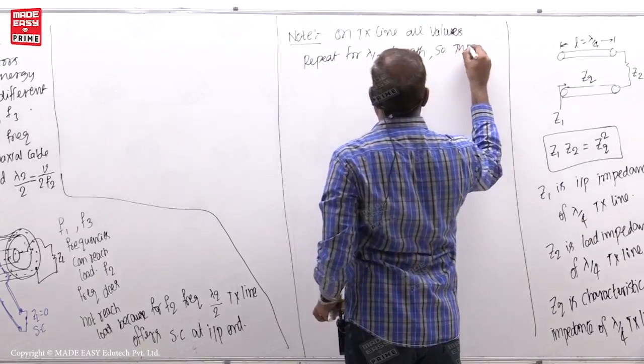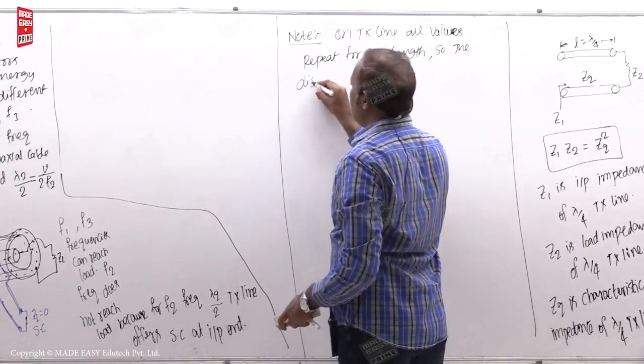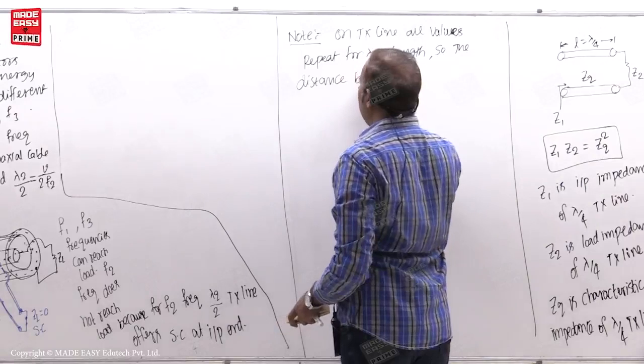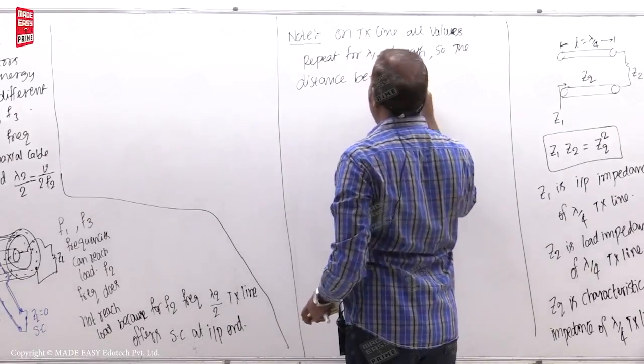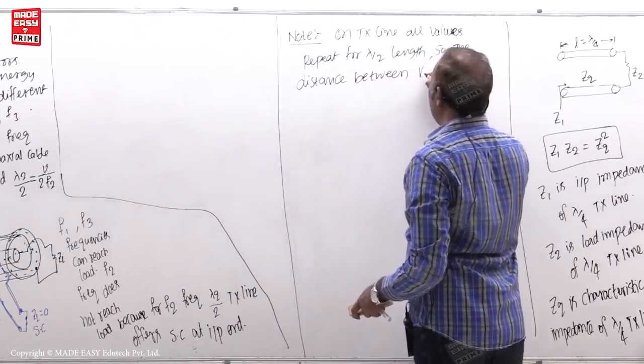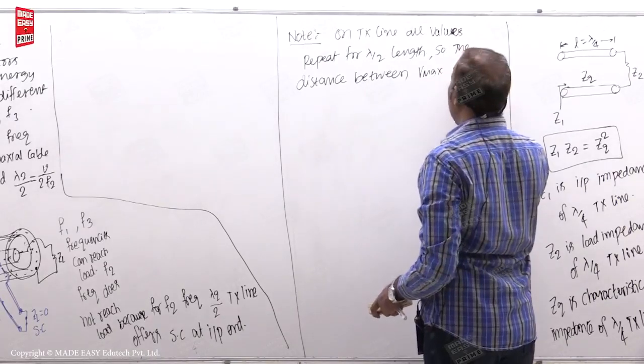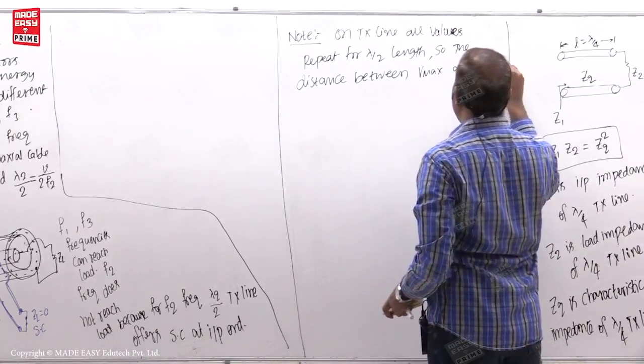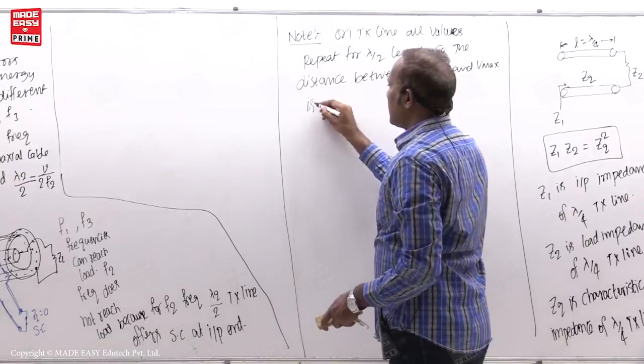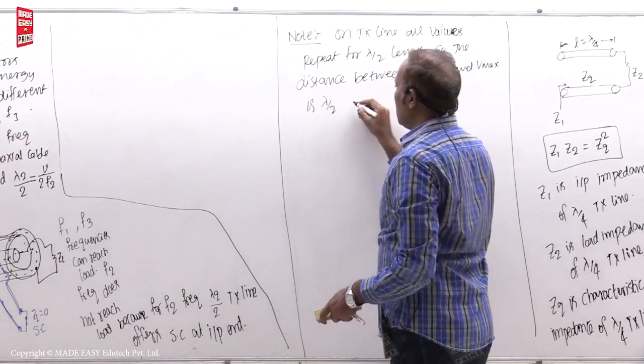So the distance between V maximum and V maximum is lambda by 2.